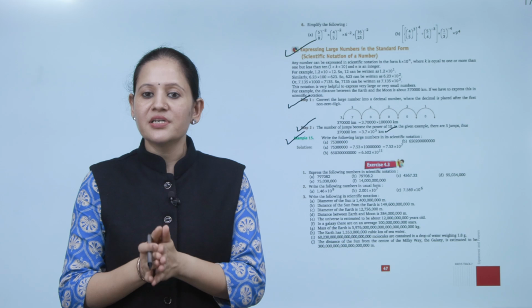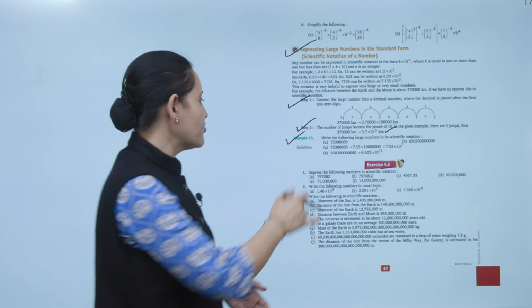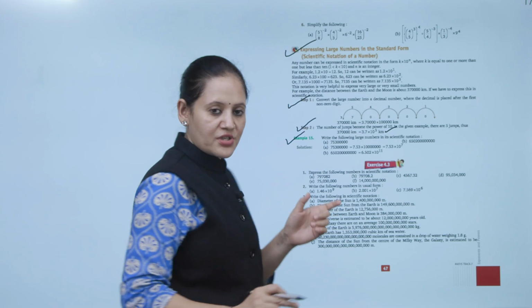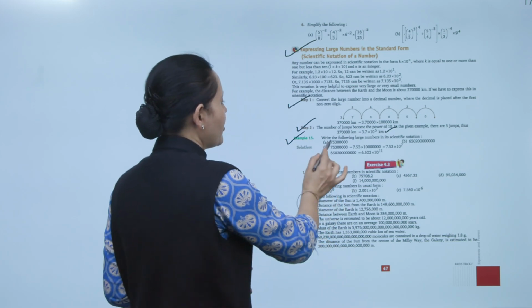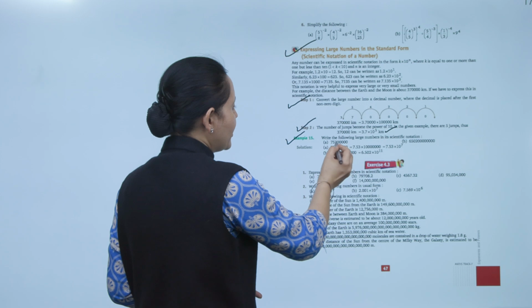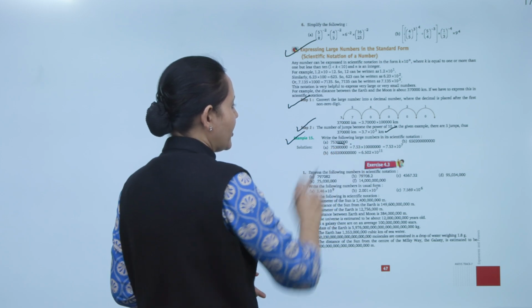Write the following numbers in scientific notation. We have to write this number in scientific notation, so after the first non-zero digit we'll place the decimal. So 7.53 into, how many zeros are there? 2, 4, 5.